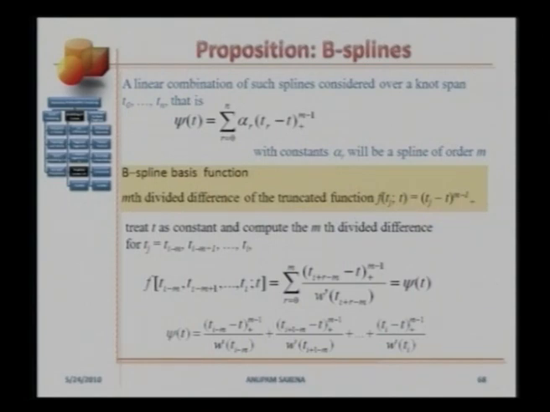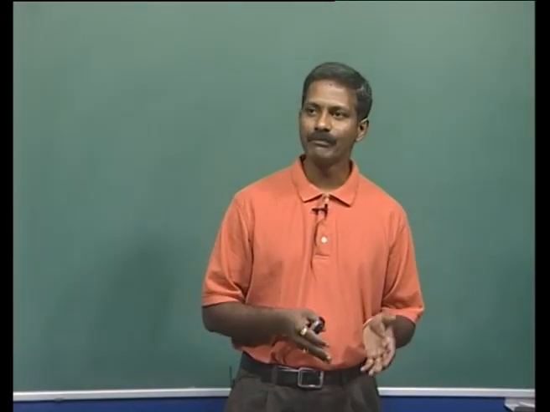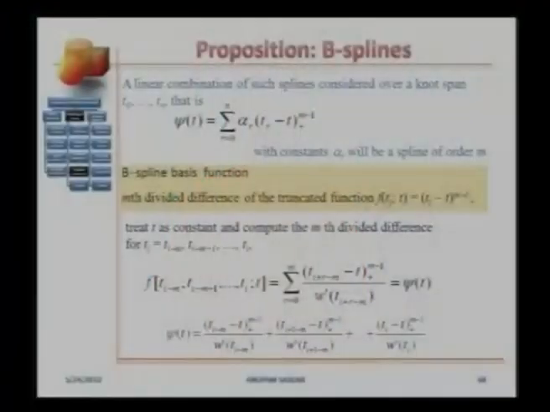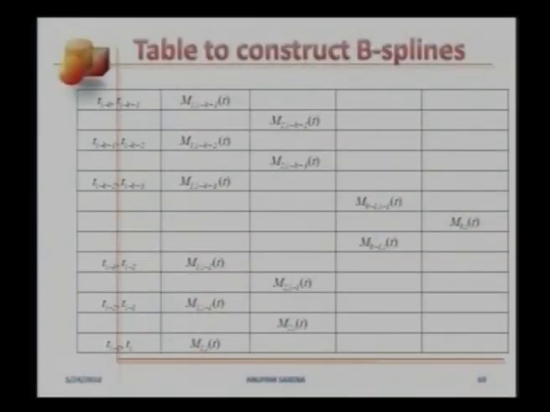We established that a linear combination of these truncated power functions was in fact a spline, and we further established that the mth divided difference of the truncated function was in fact a B-spline basis function, and we had shown that in the corresponding lectures. We had a nice tabular form to construct B-spline basis functions.